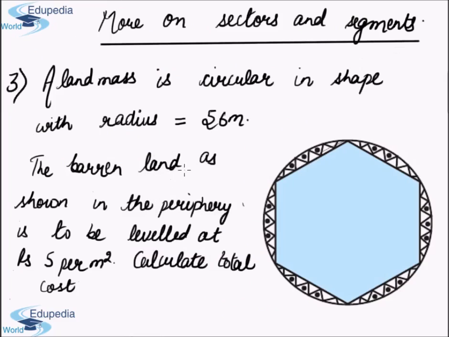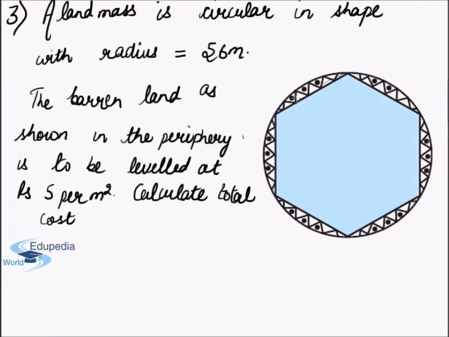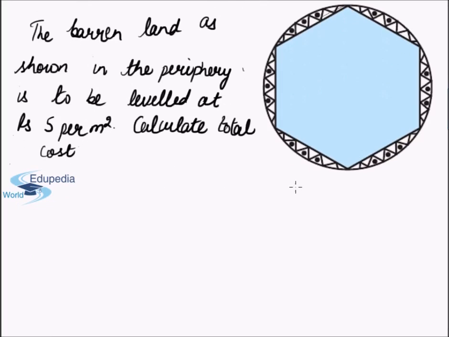The third question says we have a landmass which is circular in shape with radius 56 meters. The barren land as shown in the periphery, that is this portion, is to be leveled at rupees 5 per meter square. Calculate the total cost required. Now friends, we have to calculate the cost of leveling this barren land. Let us simplify this figure.